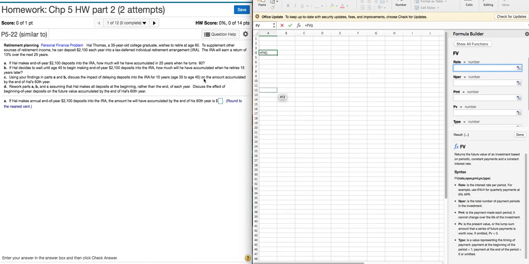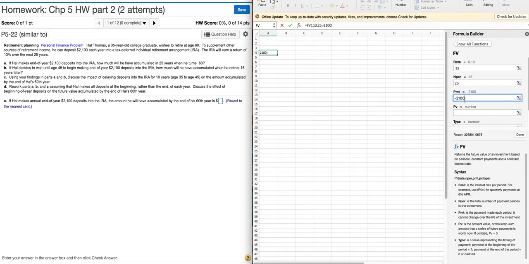And our rate is the rate that we believe we can earn over the next 25 years of 13%. And the number of periods is, again, 25 years. We're considering this to just be annual compounding. And the payment that we're going to deposit each year is $2,100. I'm going to put that as a negative because that represents a cash outflow that we'll deposit into the account.